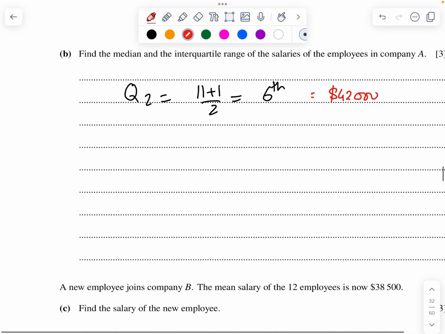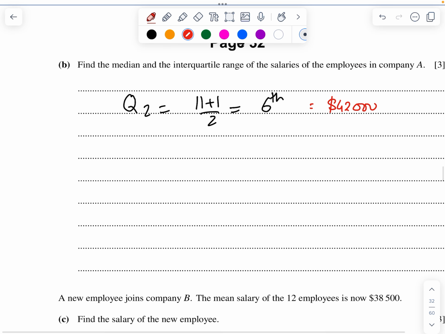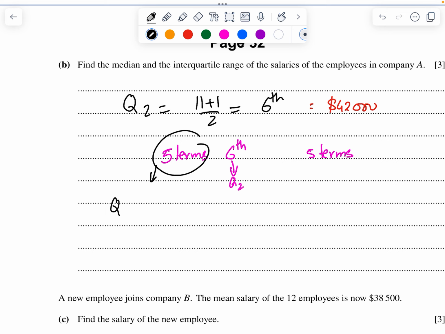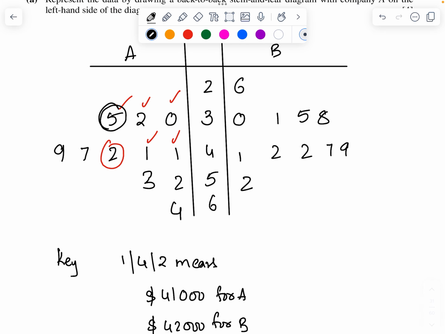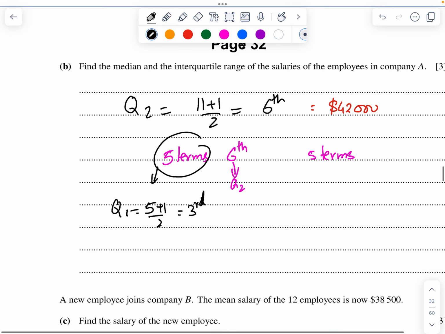Then we are supposed to find the interquartile range. We know the sixth term is Q2. There are 5 terms on my left-hand side, 5 terms on my right-hand side. So the middle term for this one is 5 plus 1 divided by 2, the third term. The third term will be Q1, which is 5. So 35,000 is going to be Q1.